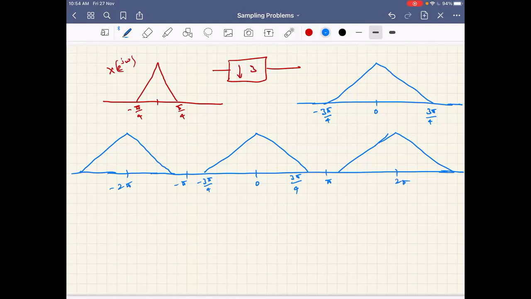And within minus pi to pi, if there is no aliasing, that is good enough. That means if the first replica after expansion doesn't cross minus pi and pi, then there is no aliasing at all, even after downsampling. Fine. Does it cross minus pi to pi now?